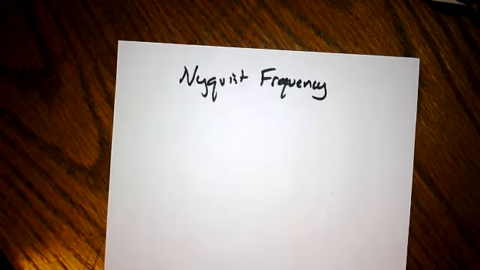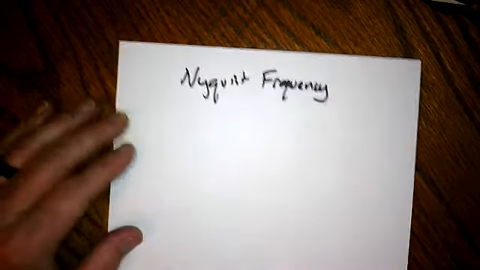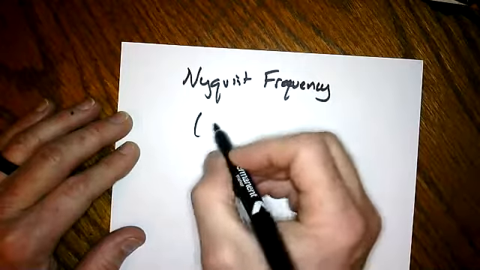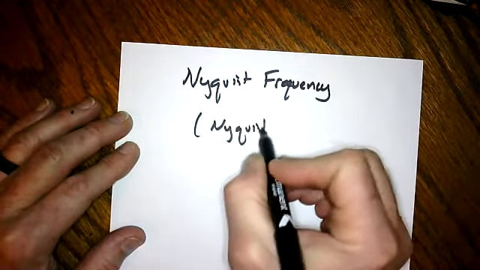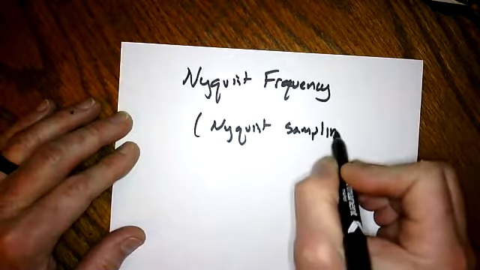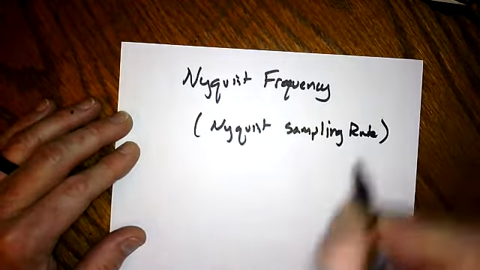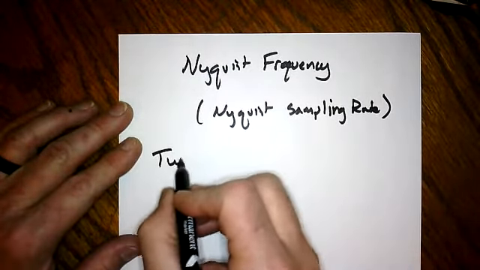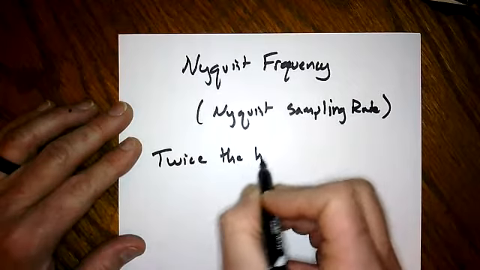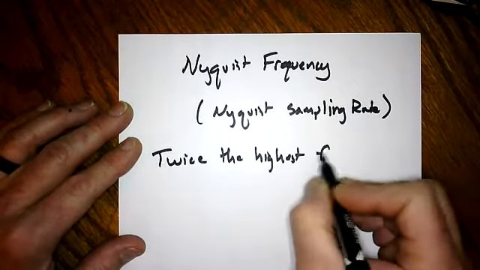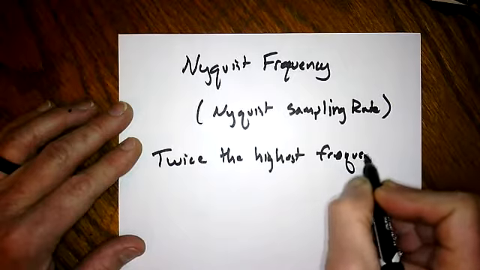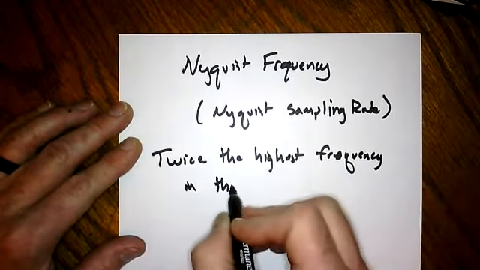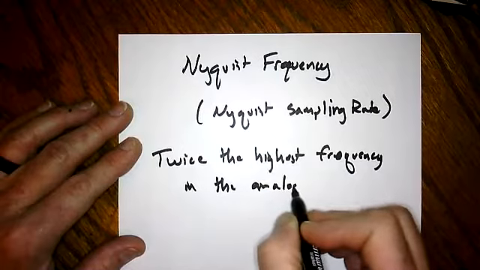All right. The Nyquist frequency is the frequency equal to twice the highest frequency in the analog signal, okay? So that's why sometimes you'll hear people say Nyquist sampling rate. It's twice the highest frequency in the analog signal.